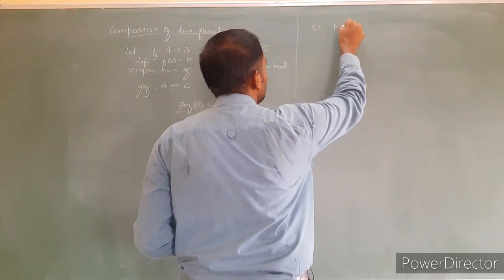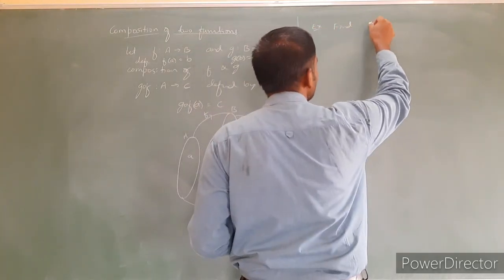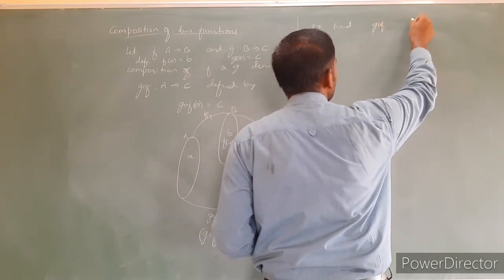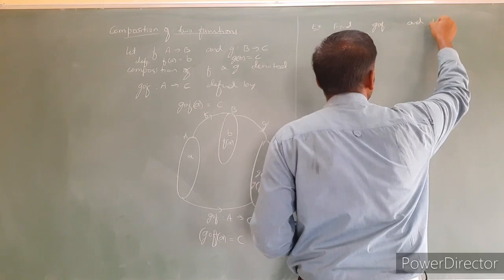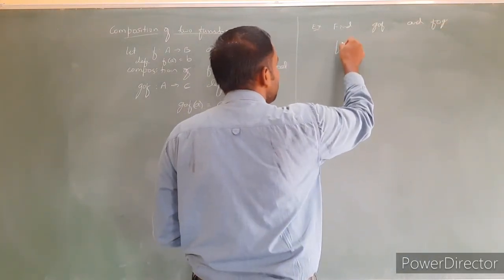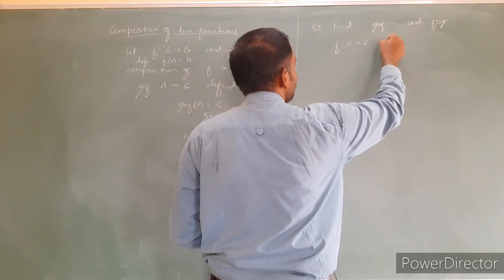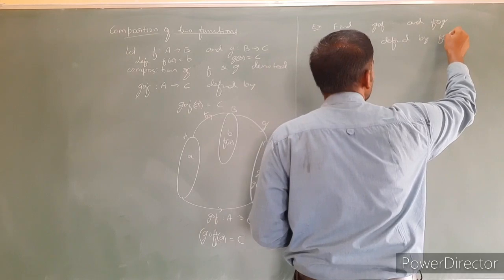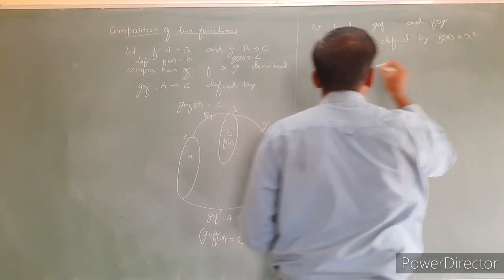Find the composition of, first of all, G circle F as well as F circle G. Both are possible, provided that F is a function from R into R defined by F of X is equal to X square.